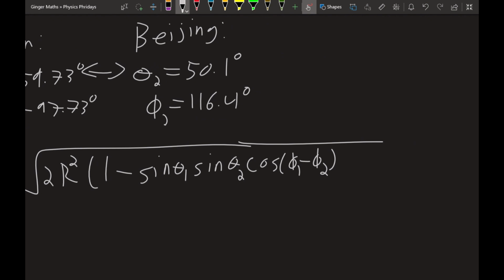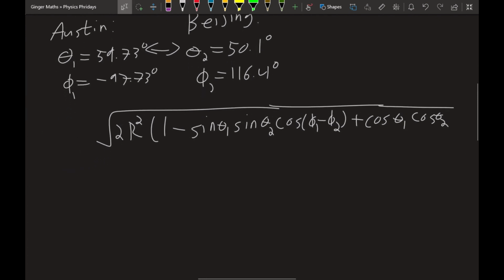We love that. Plus cos theta 1 cos theta 2. It's a very long formula. It's just distance in spherical coordinates, which isn't very nice. But at the end of the day, this does end up giving us about 10 to the 7 meters.